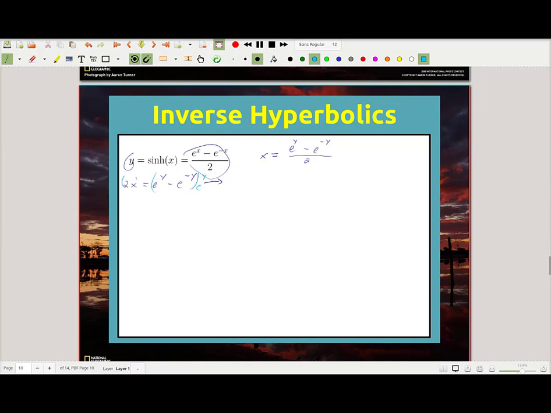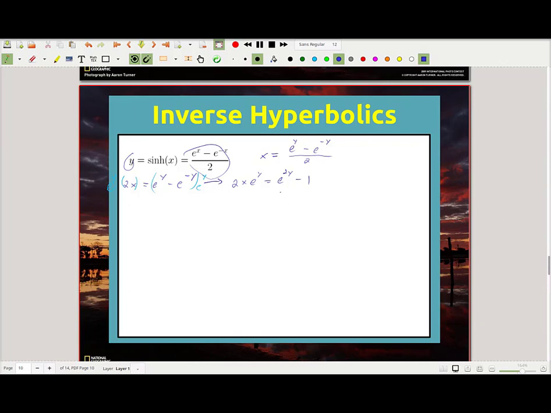So I'll do that on both sides. And you get 2x e to the y equals, let's see, distribute that in, you're going to get e to the 2y minus 1. E to the y and e to the negative y cancel out.